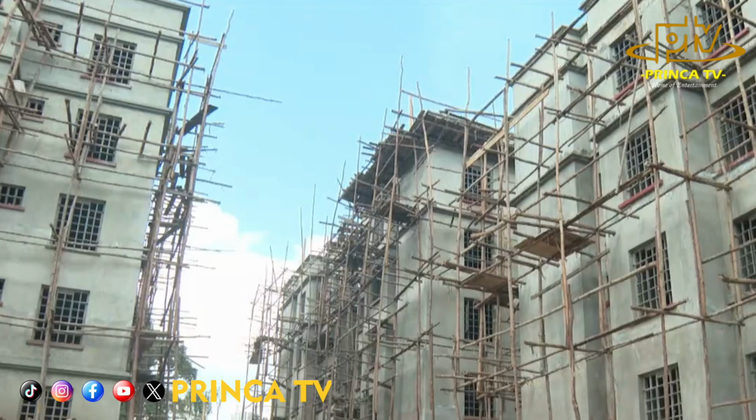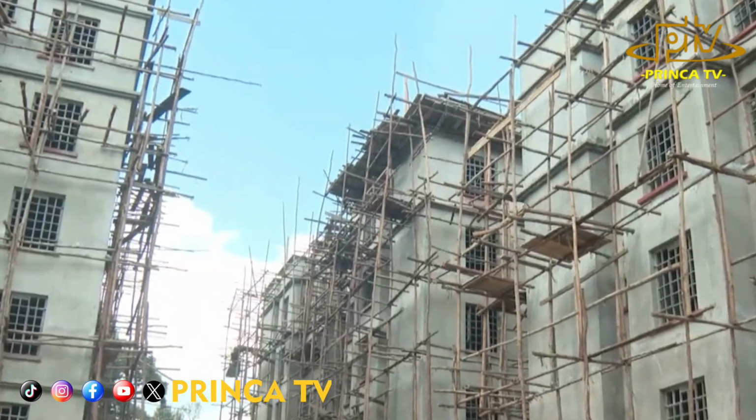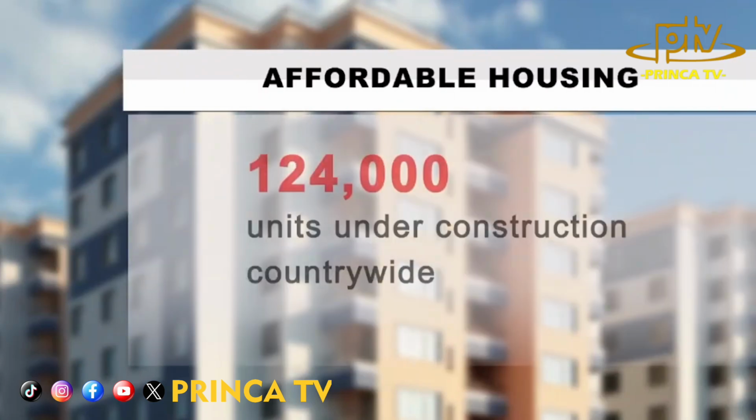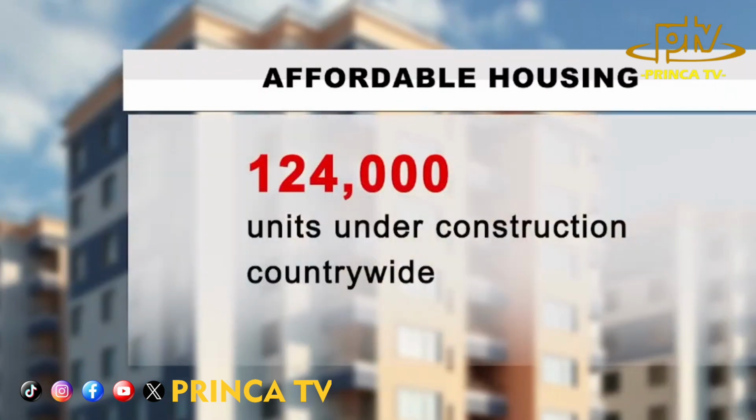The government committed to construction of 200,000 affordable housing units annually. We've already awarded projects of over 124,000 units across many parts of the country. They are under various stages of construction, and that has been made possible by the funding that we have managed to get.